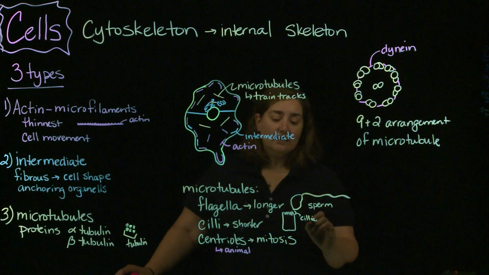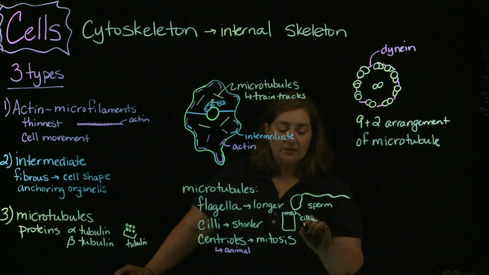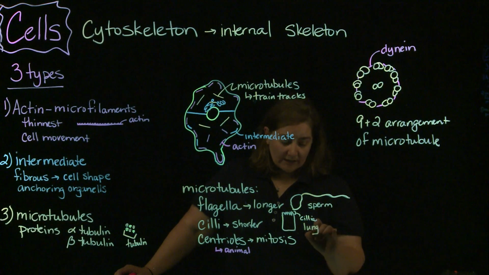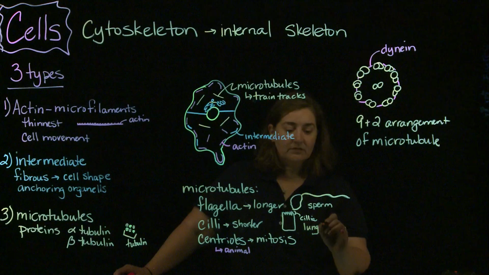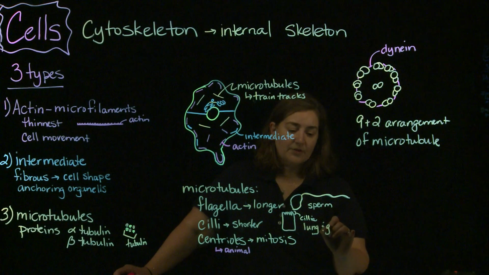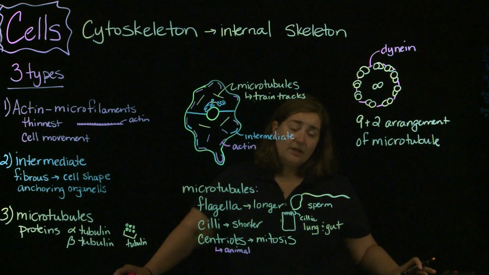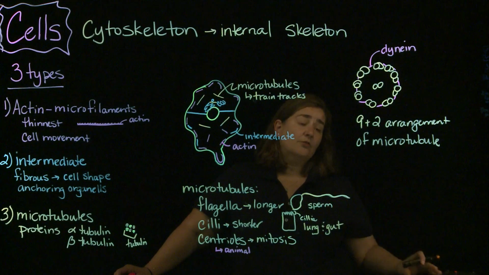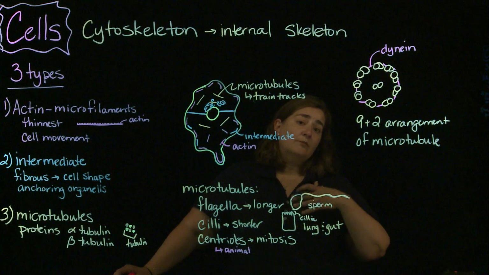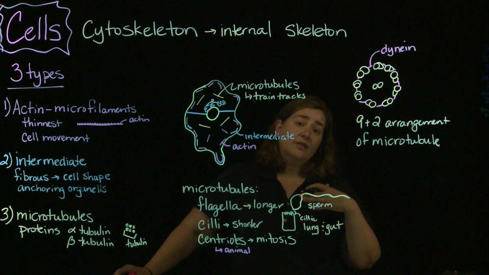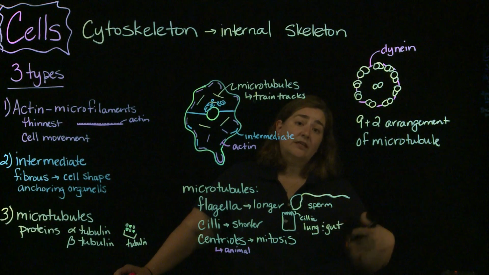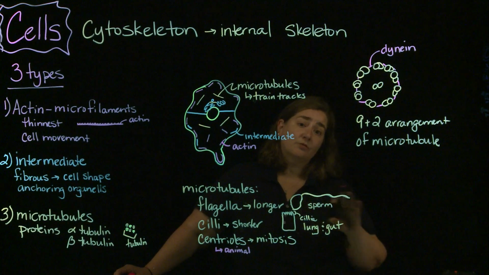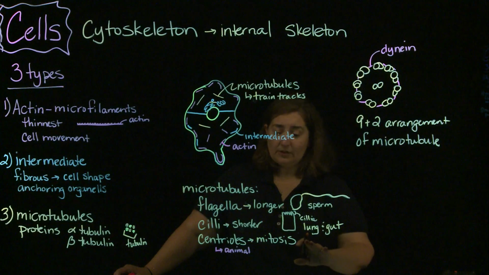Ciliated cells are found a lot in the lung and also the gut, because those are areas where you either want to prevent things from getting down into the respiratory system, or in the case of the digestive system, you want to move those food particles through, okay?